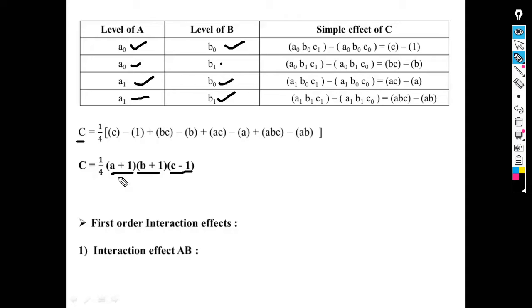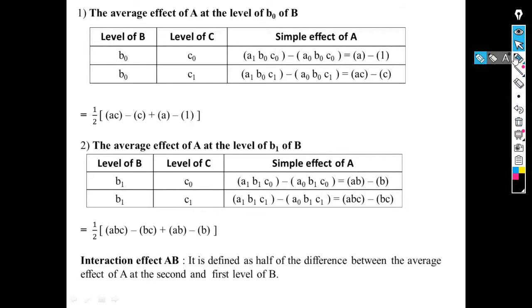Now we are going to discuss the first order interaction effects. First order interaction effects means two factor interaction effects. The first interaction effect is capital AB, so first we will find this one.